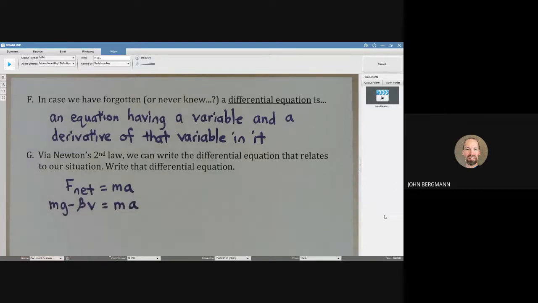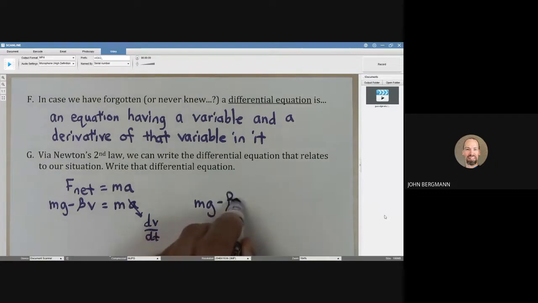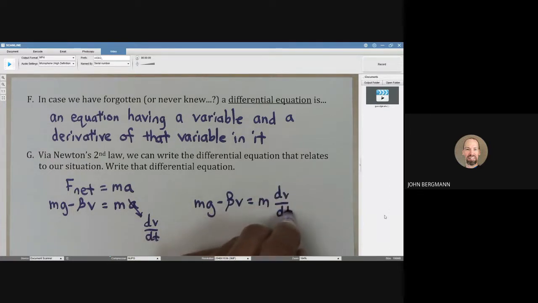All right, so how do we turn this into a differential equation? We do so by remembering that the acceleration is the time derivative of velocity. If we write this out again, mg minus beta v is equal to m times dv dt.